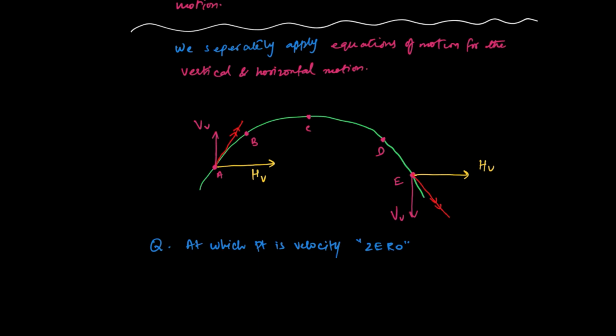You could argue that velocity is zero when the object reaches its maximum height. However, that is not the case. The vertical velocity becomes zero, however the horizontal velocity still has a value.